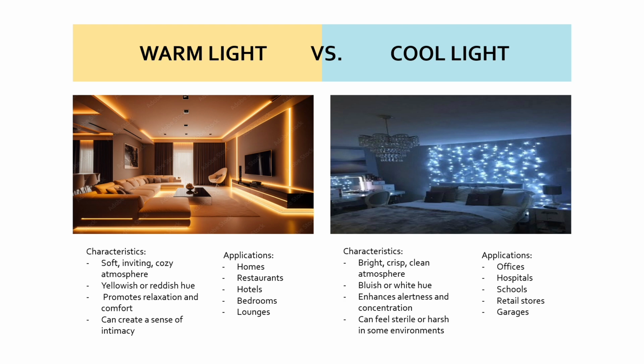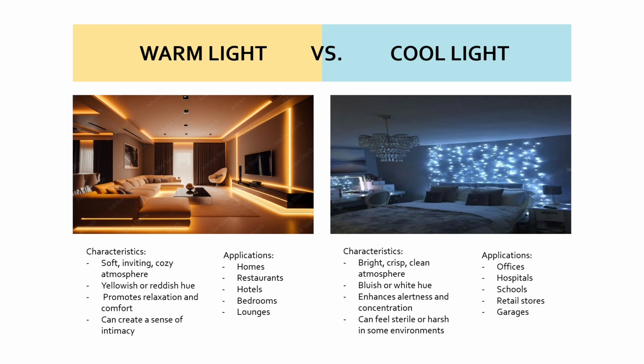On the left side of the slide, we see a representation of warm light. As you can see, the living room depicted is bathed in a warm, yellowish glow. This type of light is known for its calming and inviting qualities. It creates a sense of relaxation and comfort, making it ideal for spaces where people want to unwind and feel at ease.